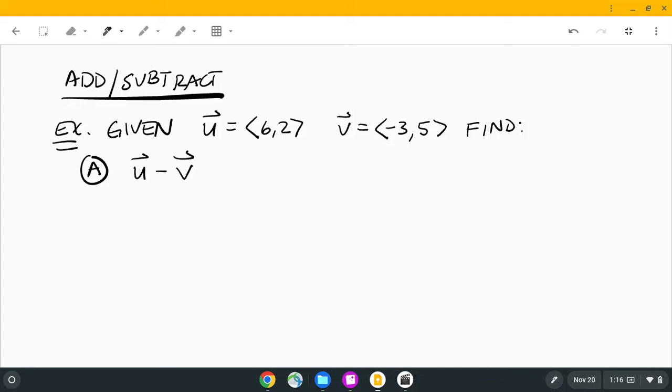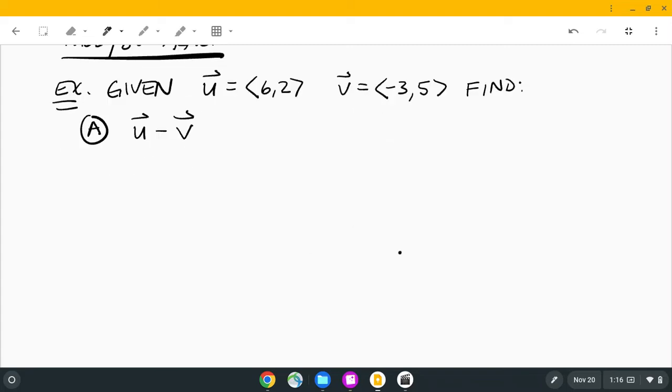Okay, so when we do a vector subtraction, all you have to do is take your two vectors, 6, 2 and negative 3, 5, and you just subtract your x components, and then you subtract your y components, and then you'll end up with a new vector.